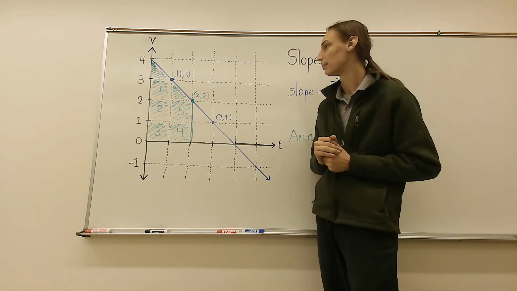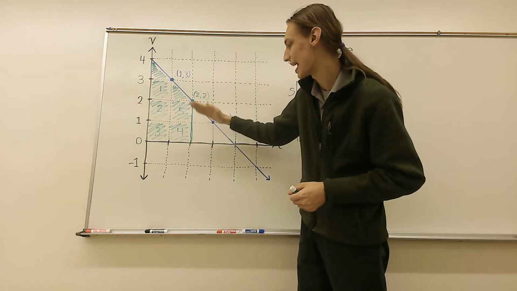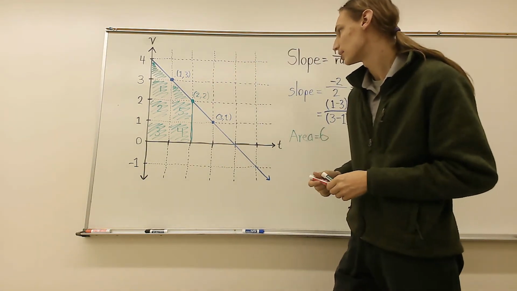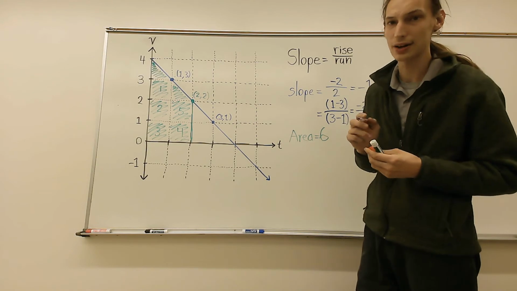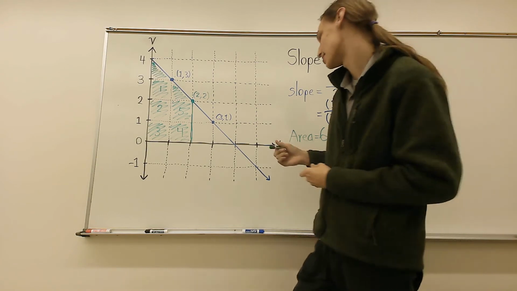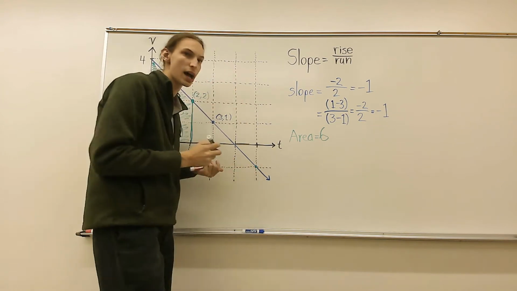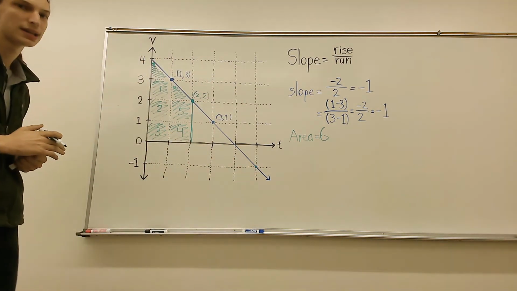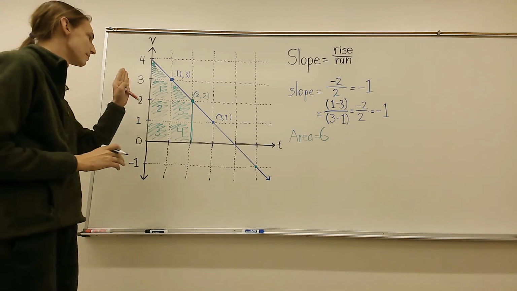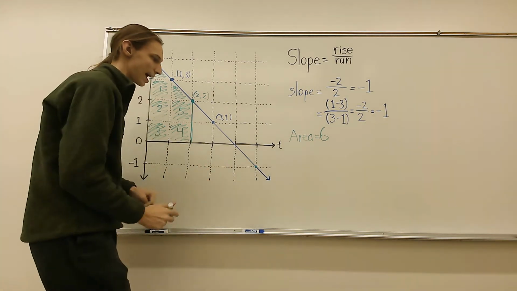However, remember, it is the space between the line and the x-axis. So let's say we wanted to find the area of the curve at this point here. And I'm saying at this point, but in this context, what that means is between 0 and that point.